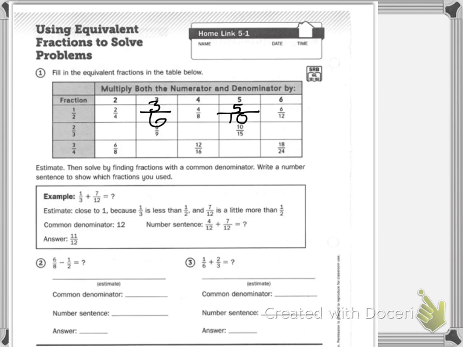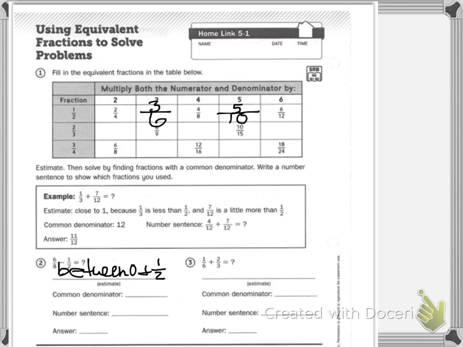6/8 minus 1/2 equals, and I'm going to say, so I know that 6/8 is close to a whole, and I'm taking away a half. I'm going to say this is going to be between 0 and 1/2. So, what's my common denominator?